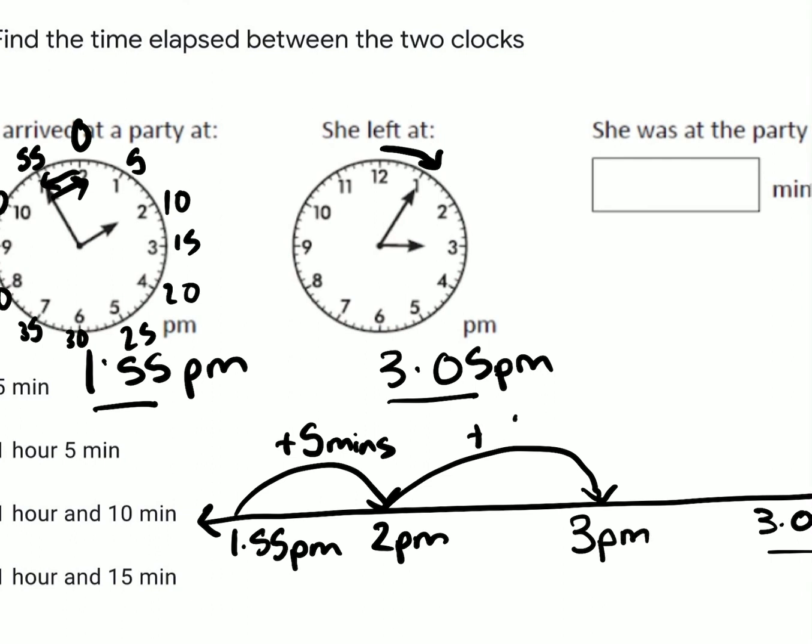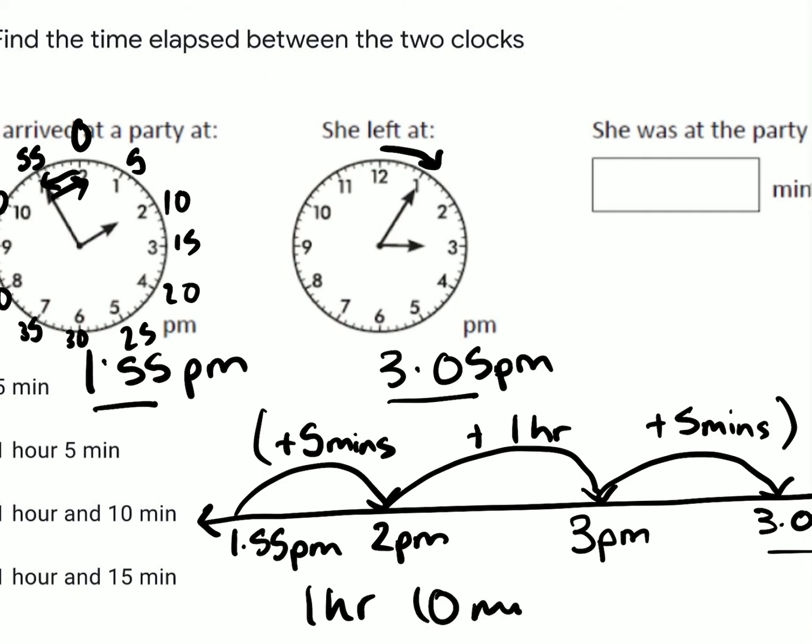So we add an hour to get to 3 p.m. And then we just need to get to 3:05. From 3 p.m. to 3:05, that's just another 5 minutes. Okay, so now we just need to add up our total time difference here. So we've got 1 hour, we've got 5 plus 5 minutes, so that's 10 minutes. 1 hour and 10 minutes. That's our answer there.